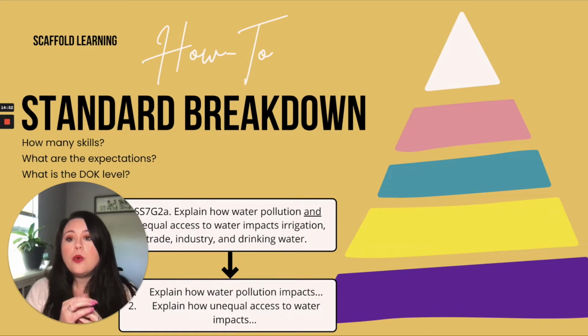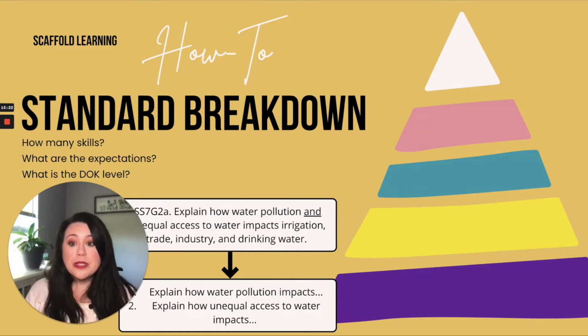So the first thing that I want to point out when you're breaking down the standards, and it might seem a little obvious, and honestly it's going to make your lives as social studies teachers a little bit more complicated, because there's a whole lot of these conjunctions in your standards. For the first standard that we're going to look at, SS7G2A, explain how water pollution and unequal access to water impacts irrigation, trade, industry, and drinking water.